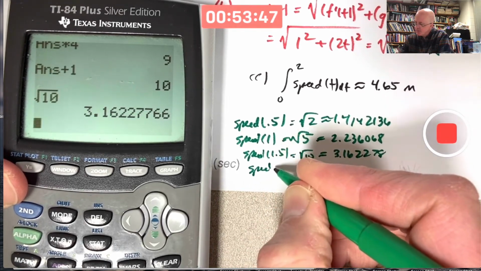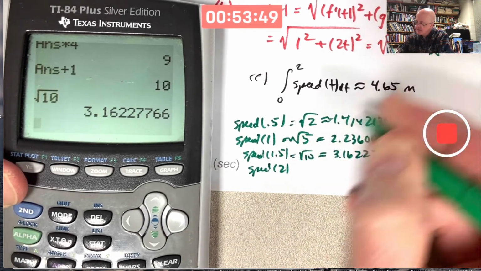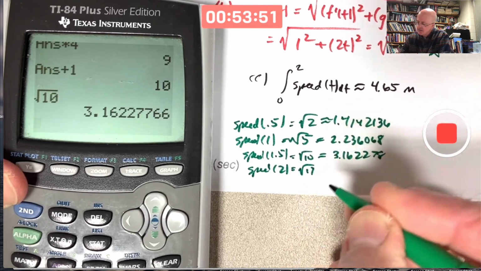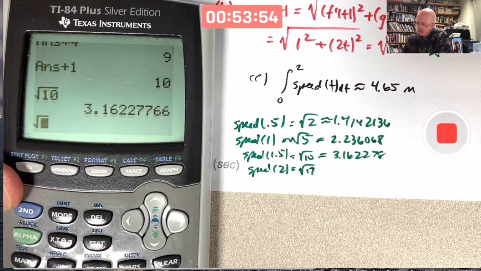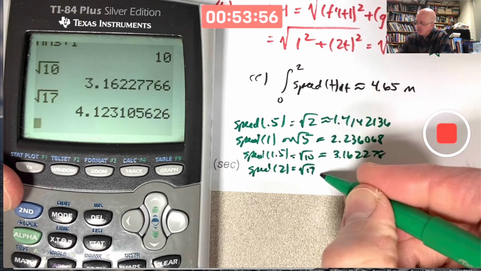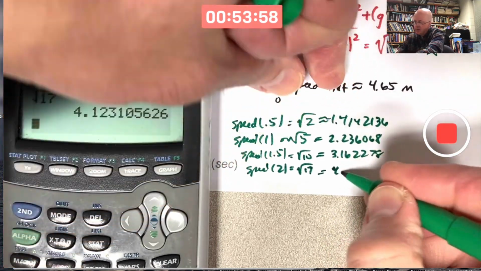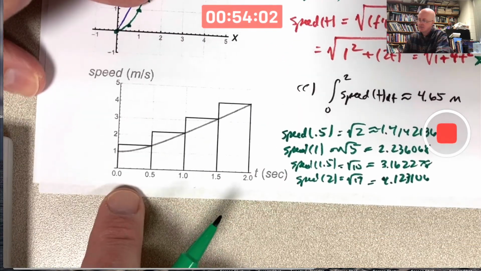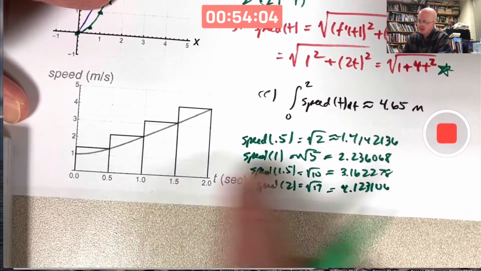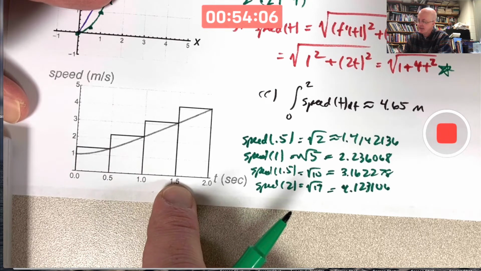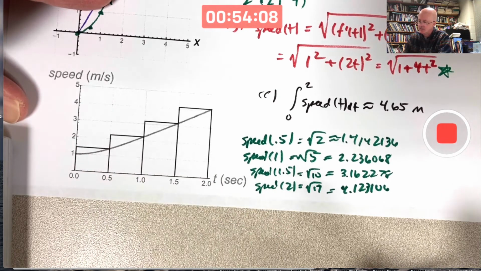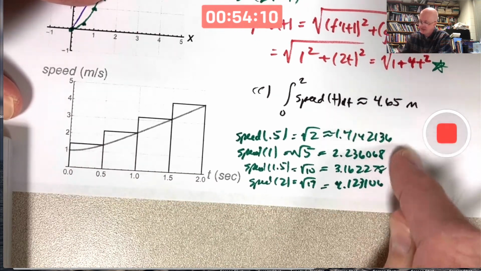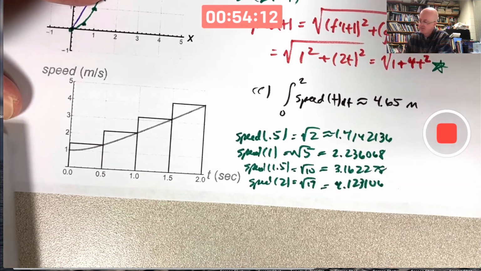Speed of 2, 2 squared times 4 plus 1, again, square root of 17 ultimately, about 4.123106. These are the heights of these rectangles. Multiply them times the base, which for each rectangle is 0.5, and you're going to get the area of each rectangle, and then you add those up, which effectively means I can just add these numbers, then multiply by 0.5.